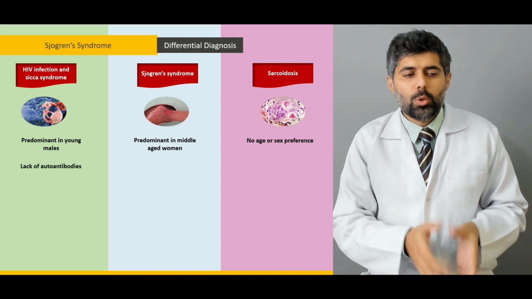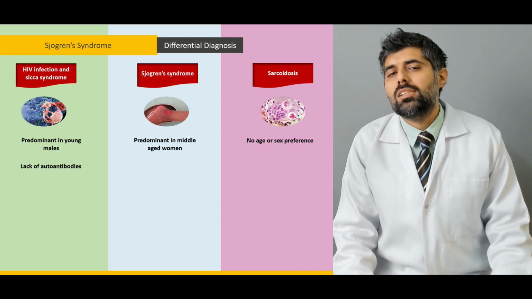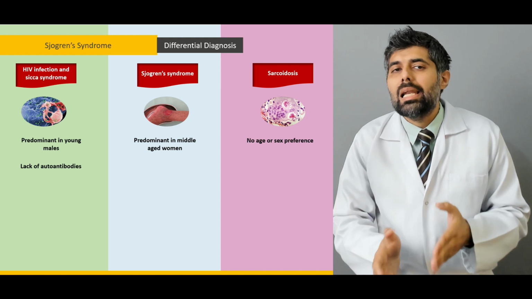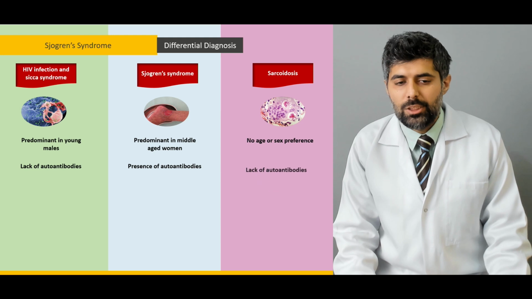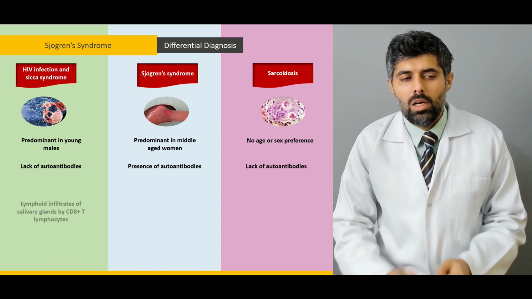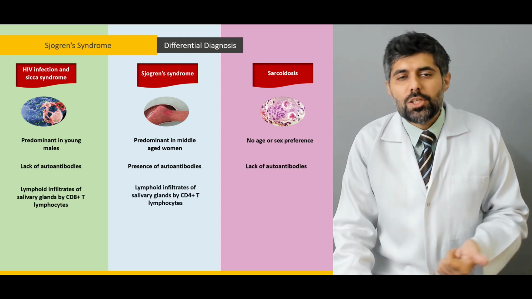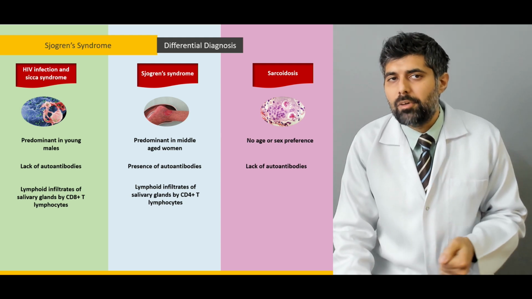Now, for autoantibodies, both the HIV infection and sarcoidosis, being non-autoimmune disorders, lack any autoantibodies, while only Sjogren syndrome contains autoantibodies. Now, for the infiltration, both the HIV and the Sjogren syndrome have lymphatic infiltration.